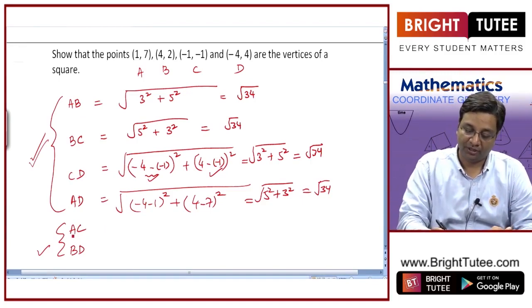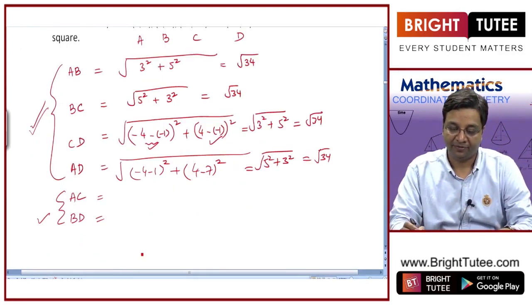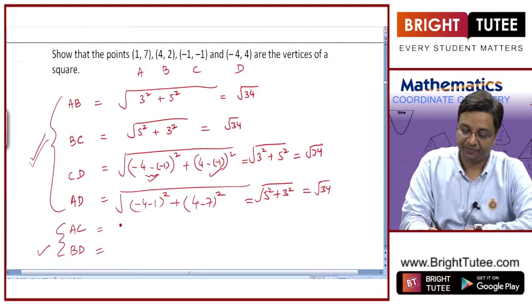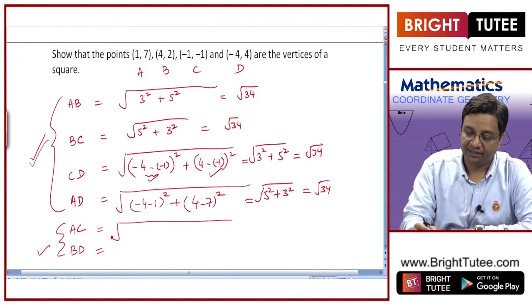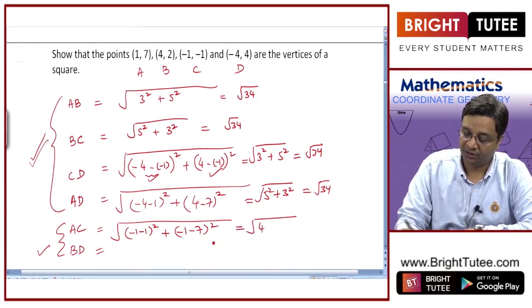Now let's talk about the diagonals here, AC and BD. How much is AC? AC is difference of abscissa, minus 1 square plus minus 1 minus 7 square. So it will be equal to 2 square is 4, 8 squared is 64.